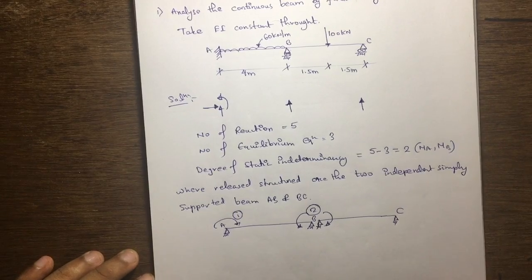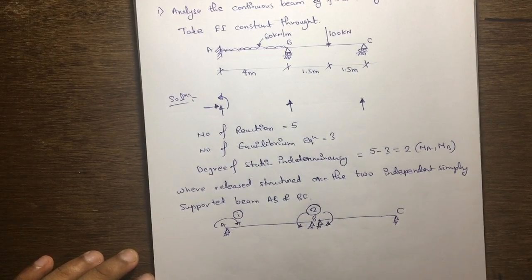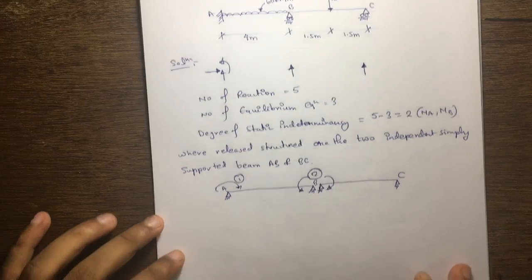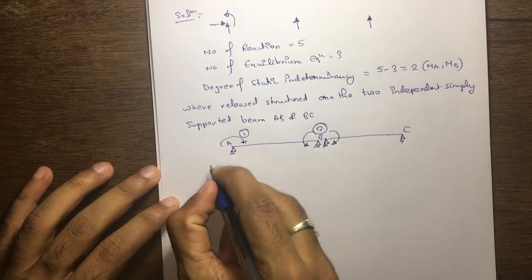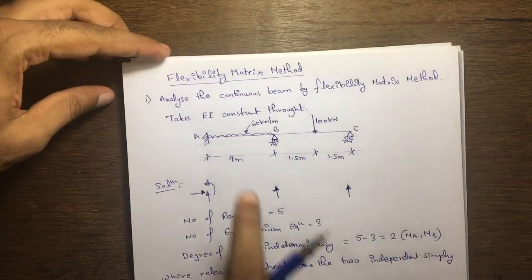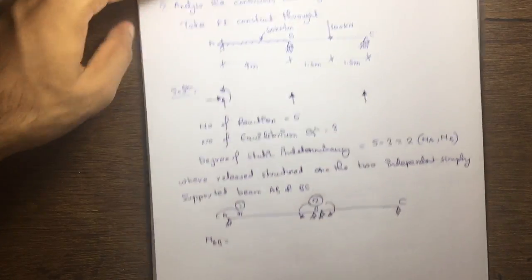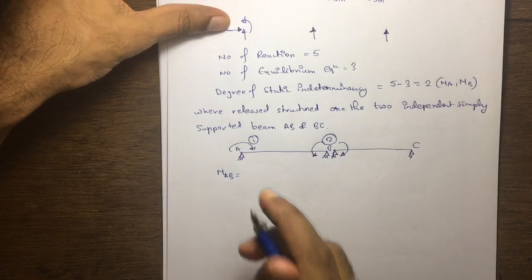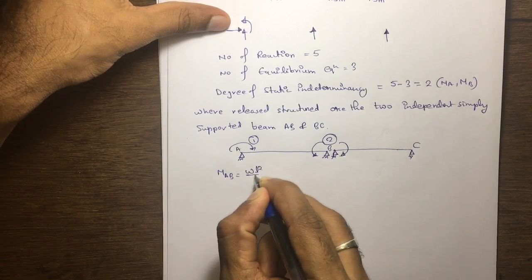So first, before drawing the conjugate beam, we have to find the fixed moments. For MAB, which is acted on by UDL, therefore WL square divided by 8.